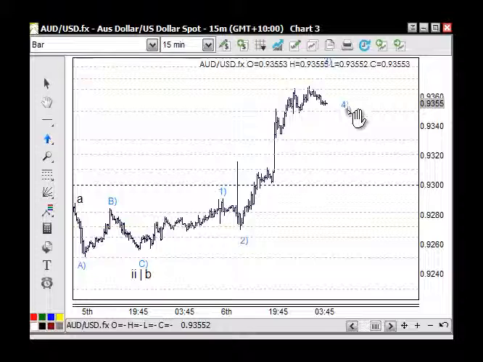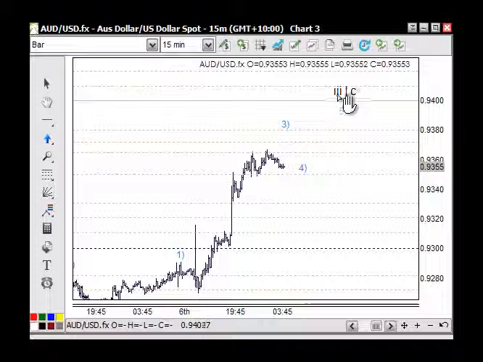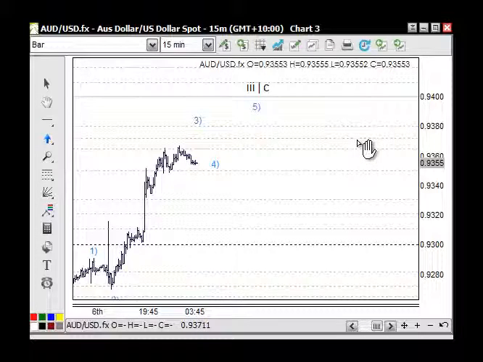So the 4th wave, and we can still expect a 5th wave up through to here, close to the 94 anyway. So that will give us wave C, but it can also be a bullish pattern as well as wave C. But in both cases, we're going to see a reaction from the 94 back into group 2 and possibly 93.50. So we need to understand what this move is here.